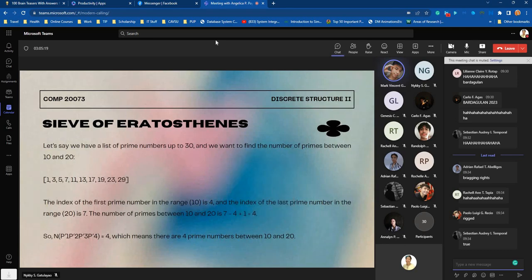The index of the first prime number in the range 10 is 4, and the index of the last prime number in the range 20 is 7. Number of primes between 10 and 20: 7 minus 4 plus 1 equals 4. So the sum of p prime sub 1, p prime sub 2, p prime sub 3, p prime sub 4 is 4, which means there are 4 primes between 10 and 20. Okay.